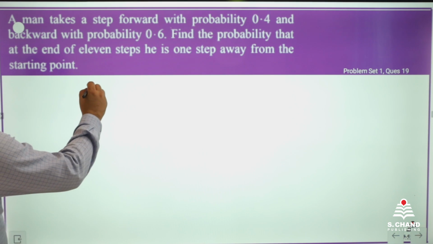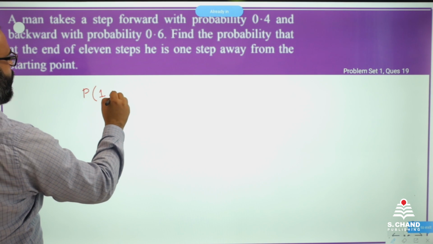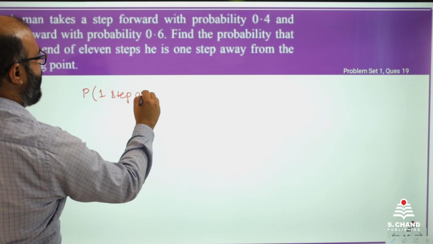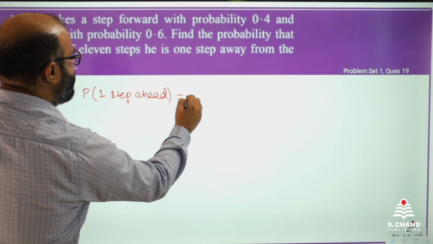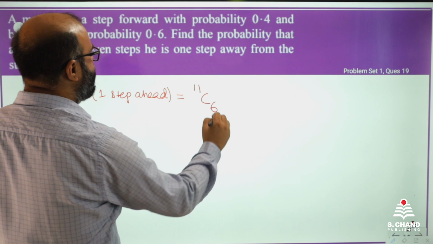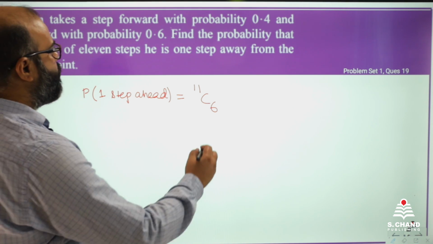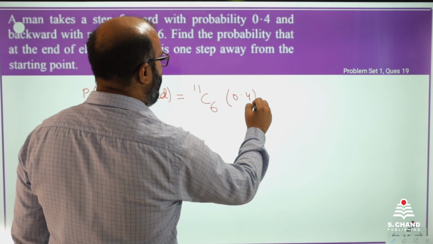Now if you take the probability that he is 1 step ahead, for one step ahead, he has taken 6 forward steps. So we'll take out of 11, 6, 11C6. Now if he takes a step forward, the probability is 0.4. So it is 0.4 to the power 6.